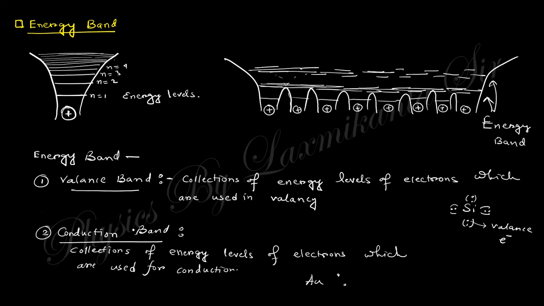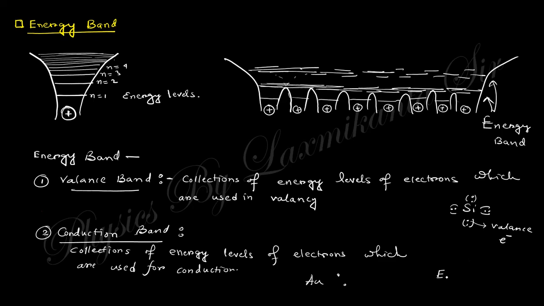Now my question is, whose energy level is higher, the conduction band or the valence band? Think, the valence electrons are connected within a bond, but the conduction electron is free, so the energy of the conduction band must be greater than the energy of the valence band.